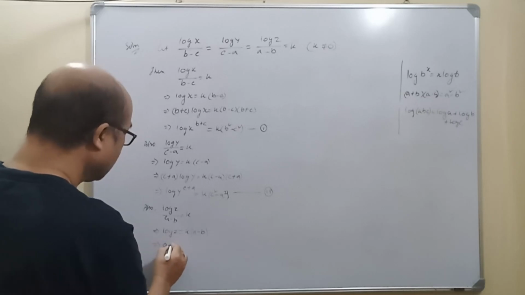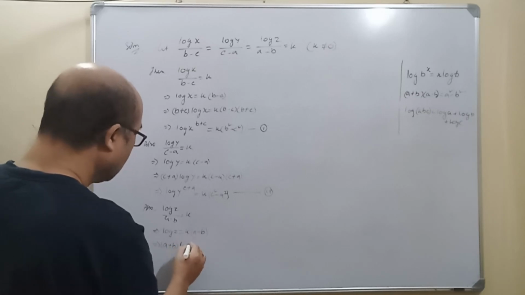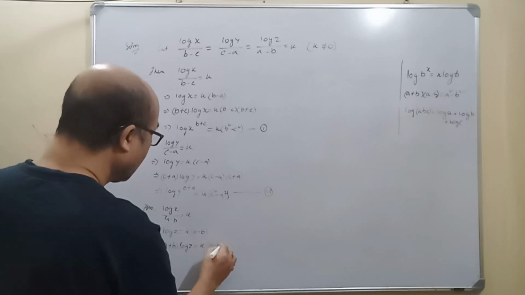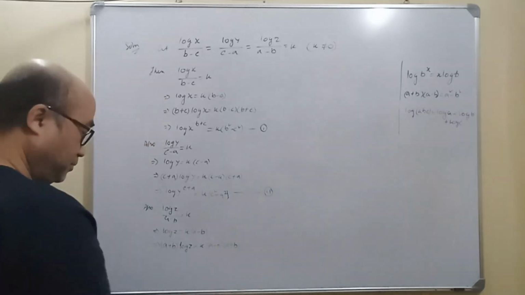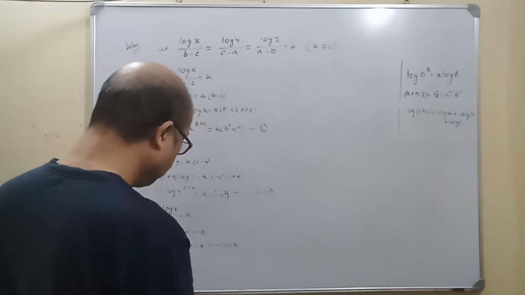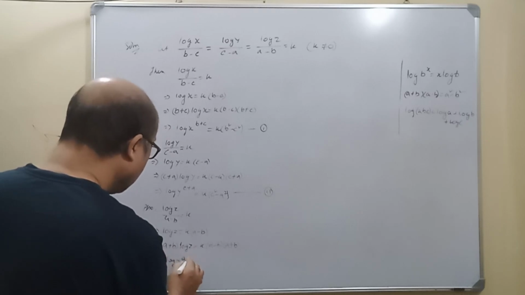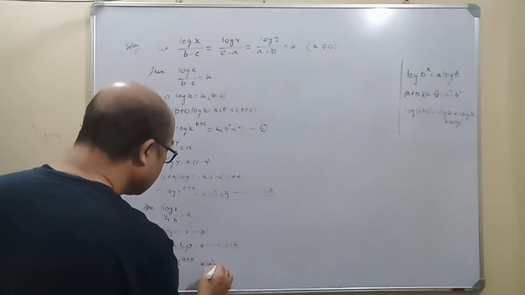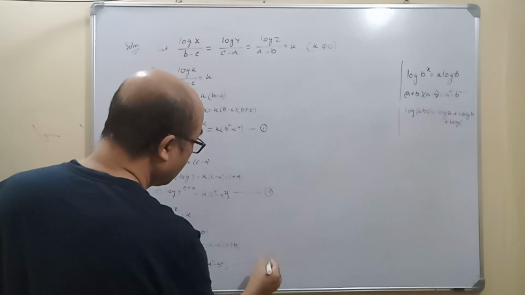Multiplying by a plus b, a plus b into log z is k into a minus b into a plus b, which implies log of z to the power a plus b is k into a square minus b square, same as these two. So we have equation number 3.